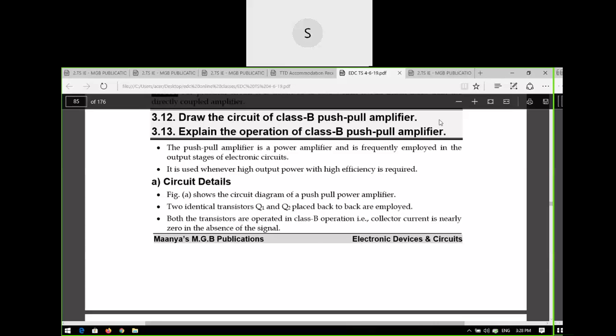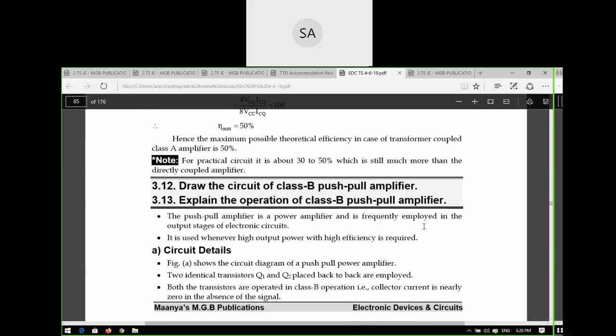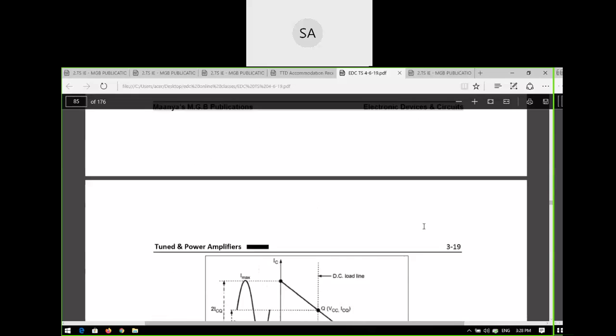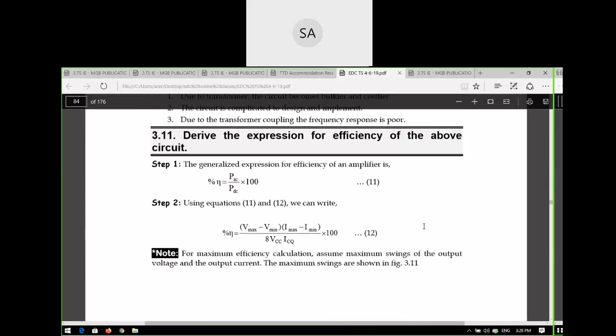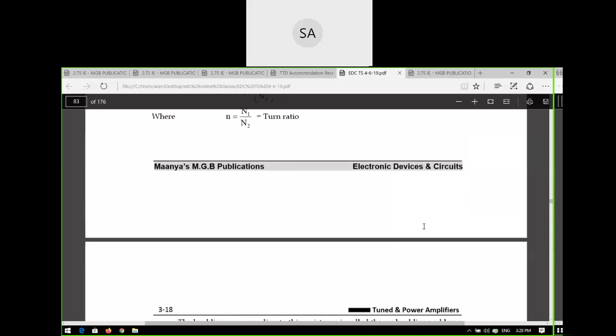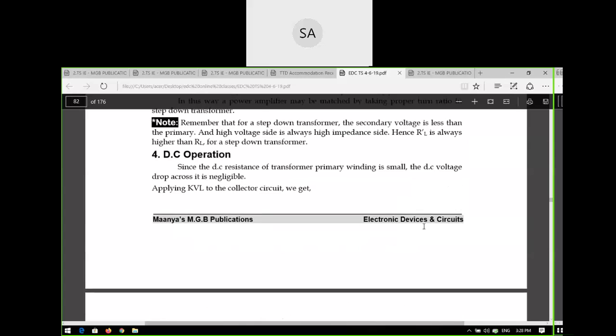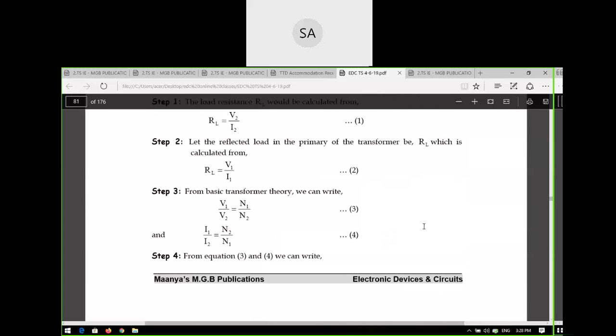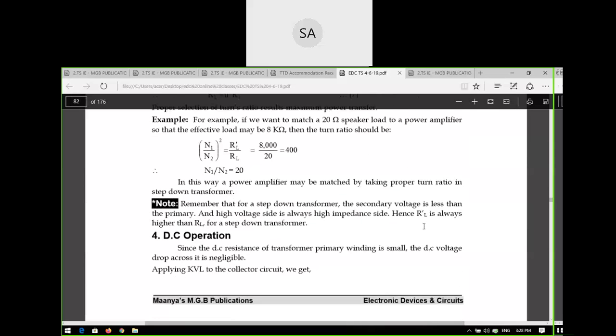Right. So I will start the class. We have completed the derivation for the expression for the efficiency of the power amplifier. Which amplifier? We have seen the transformer coupled class A power amplifier.